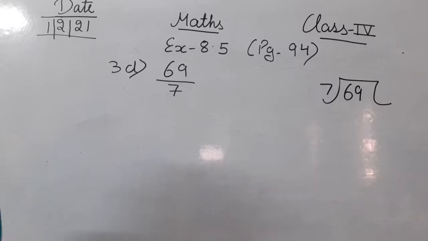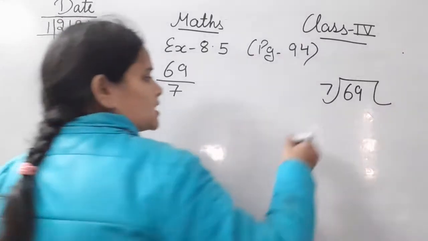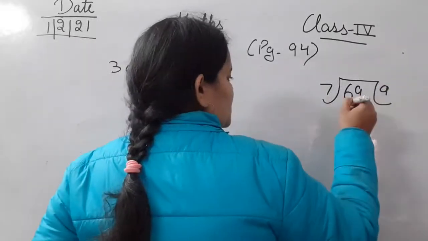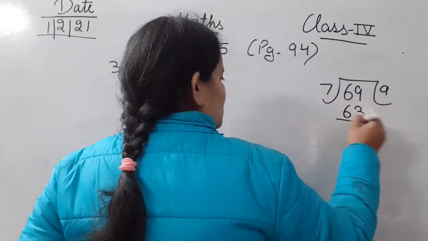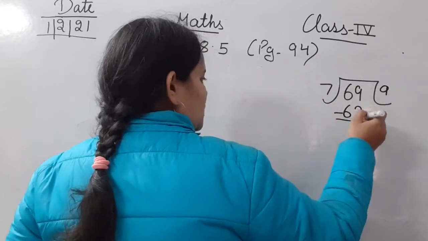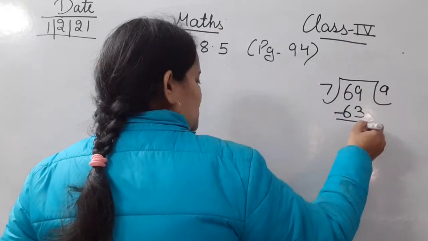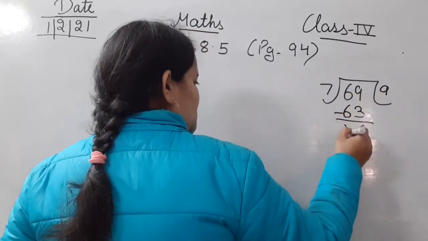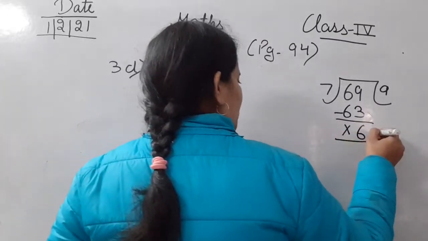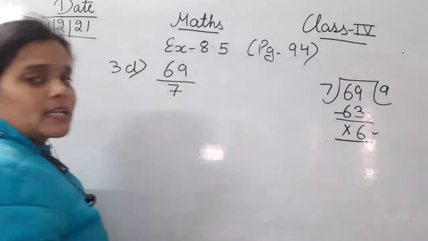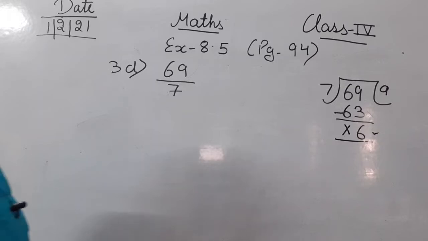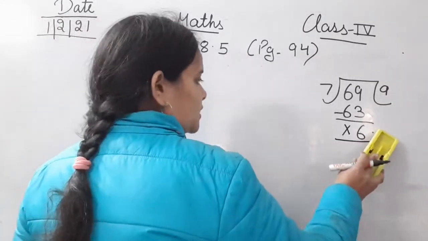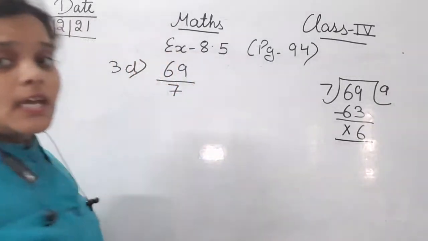Okay, 69 divided by 7. So 7 nines are 63. 9 minus 3, 6. 6 minus 6, nothing will be there. So here we got 6 as remainder. हमारे पास remainder कितना आया? 6 and the quotient is 9.